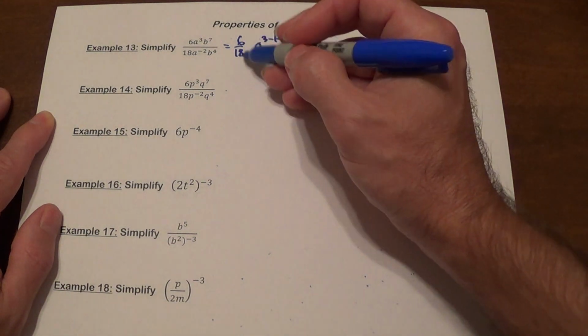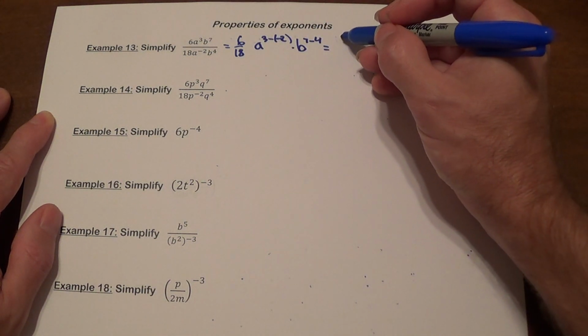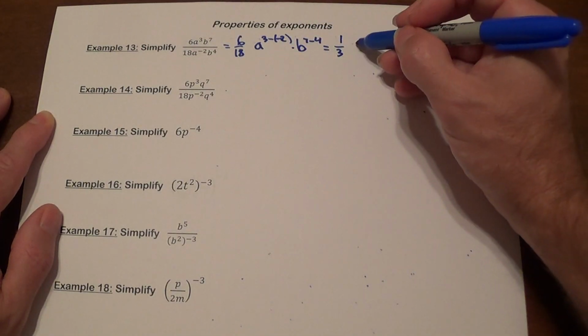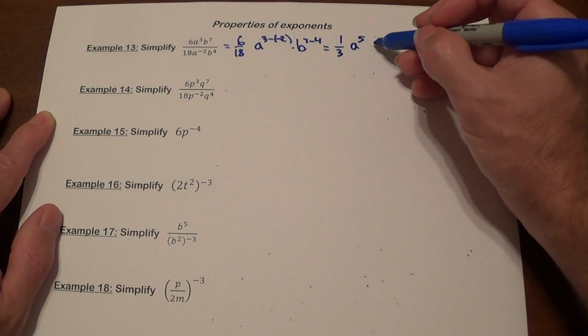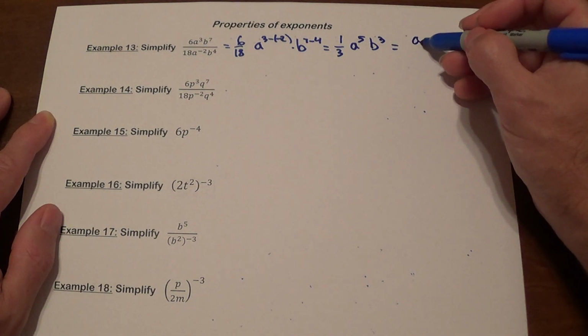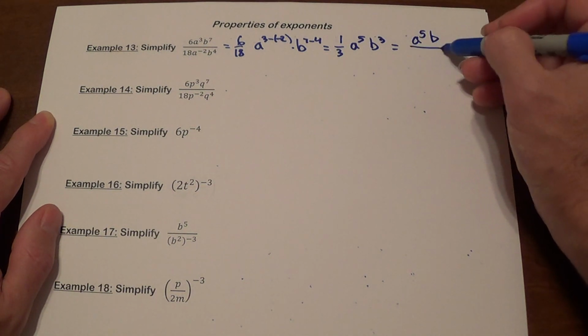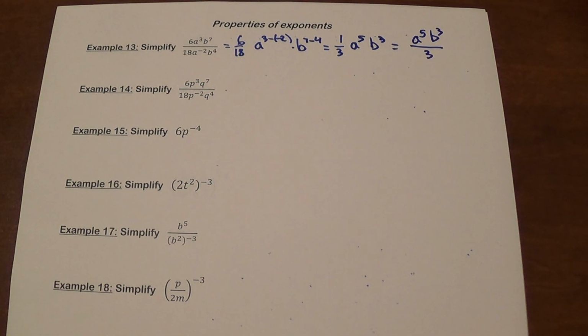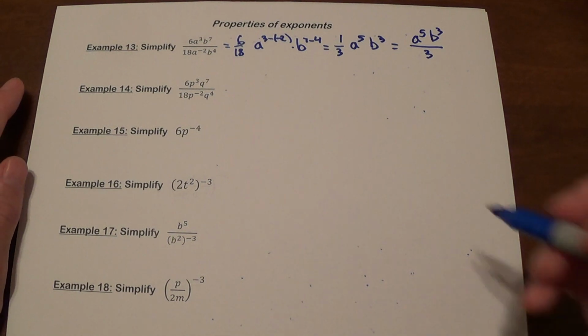Okay, so 6 over 18 can be simplified. That's going to give you 1/3. These two exponents here are going to give you 5. And these two exponents here will give you 3. And it's going to be a to the 5th b cubed divided by 3. I'll box that in a moment.